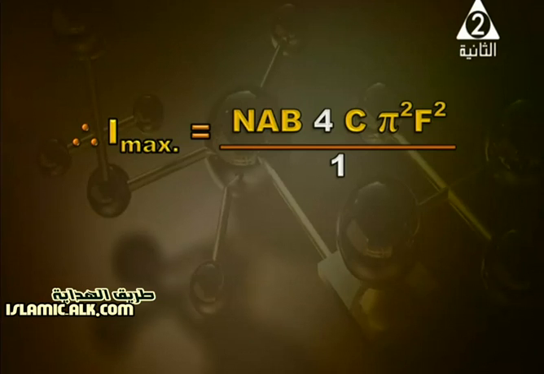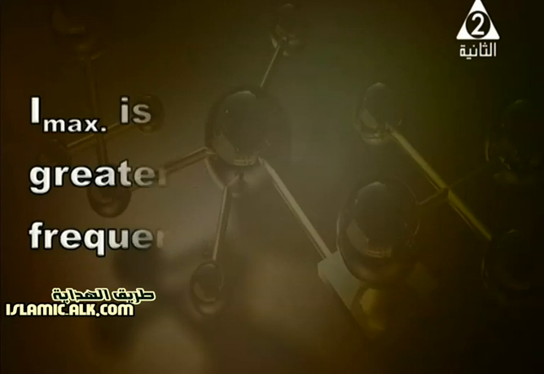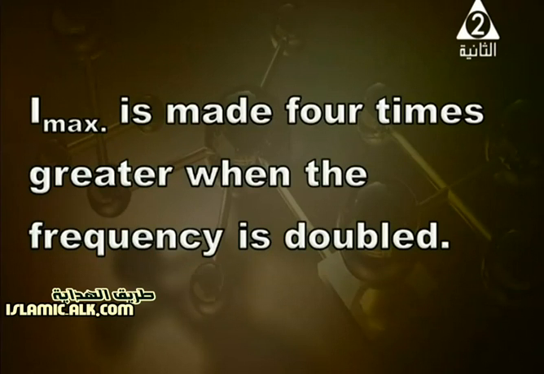So I maximum is directly proportional to the square of the frequency. So when the frequency is doubled, maximum current is made 4 times greater.